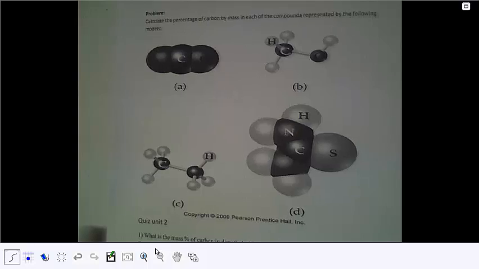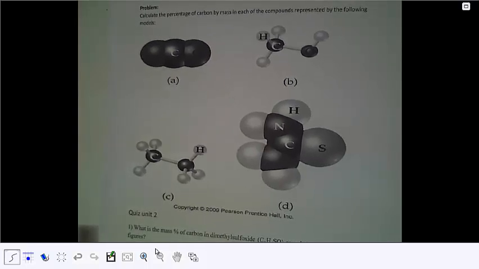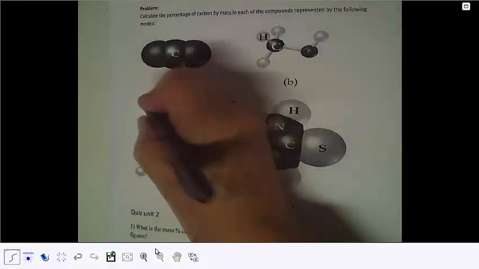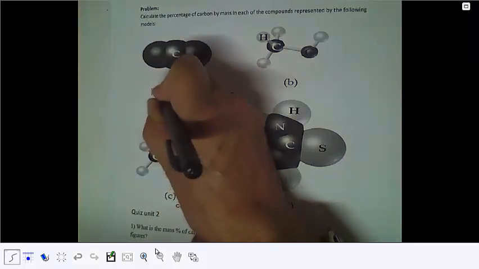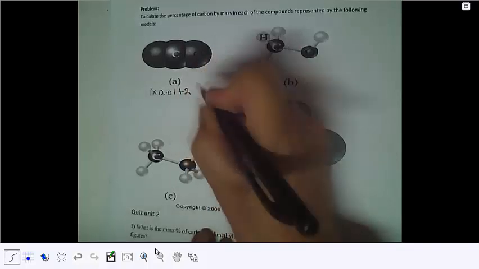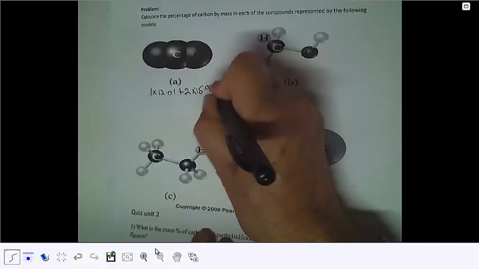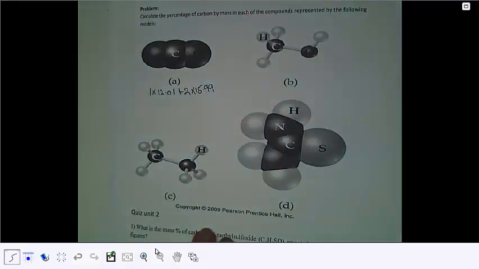You could be given a question that looks like this. Now, you have to understand what the molecule represents. The first molecule is carbon dioxide. You have one atom of carbon, that's 1 times 12.01, plus 2 atoms of oxygen, it's 2 times 15.99 to get the molecular mass.